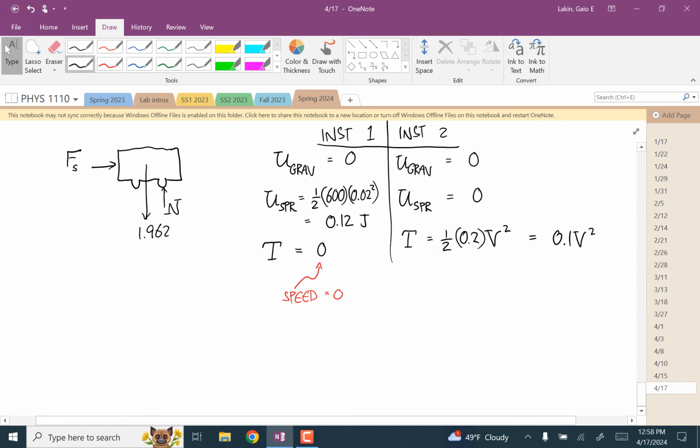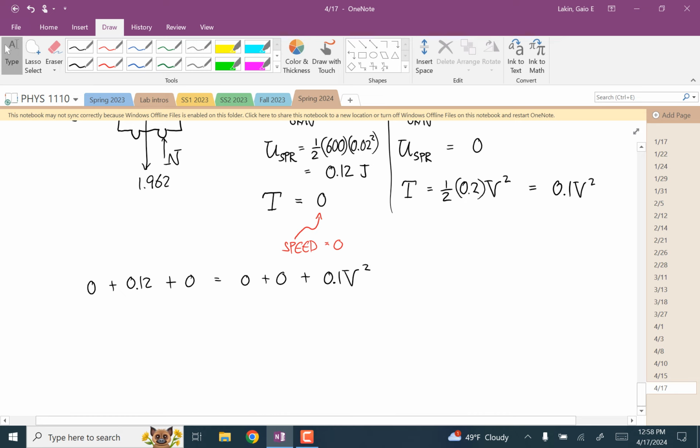So now set up the equation. We have 0 plus 0.12 plus 0 is equal to 0 plus 0 plus 0.1 V squared. So 0.1 V squared is equal to 0.12, so V squared is equal to 1.2.